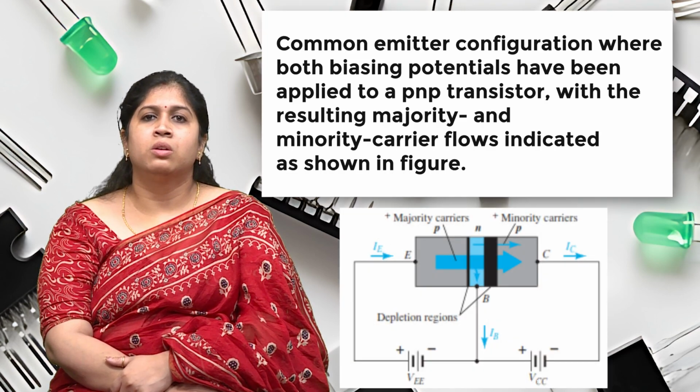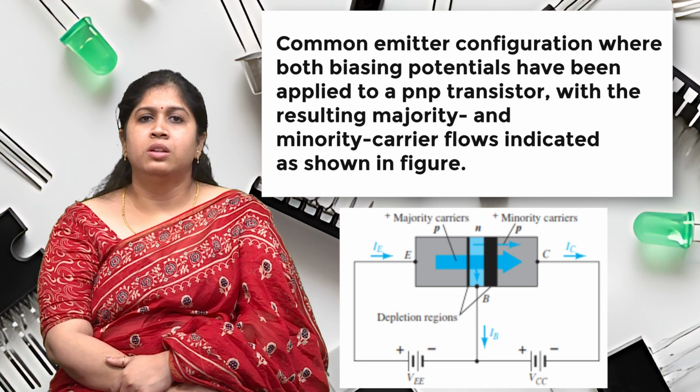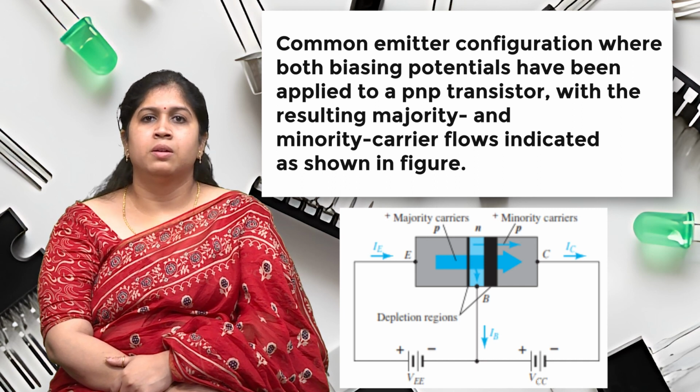In common emitter configuration, both biasing potentials have been applied to a PNP transistor with the resulting majority and minority carrier flow indicated as shown in the figure.